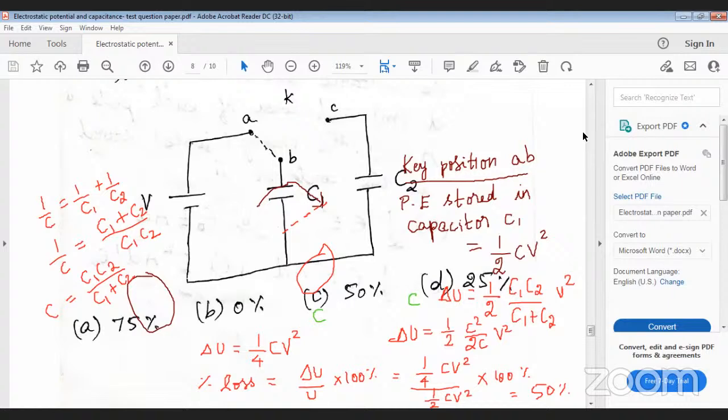So, next question. Which question are you having doubt in actually? Any other question for which you need me to discuss the solution? Any other question, students?